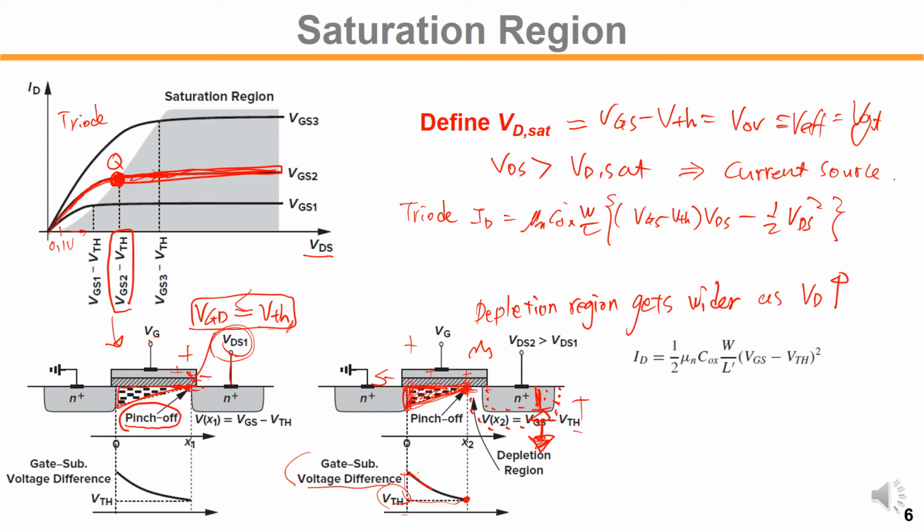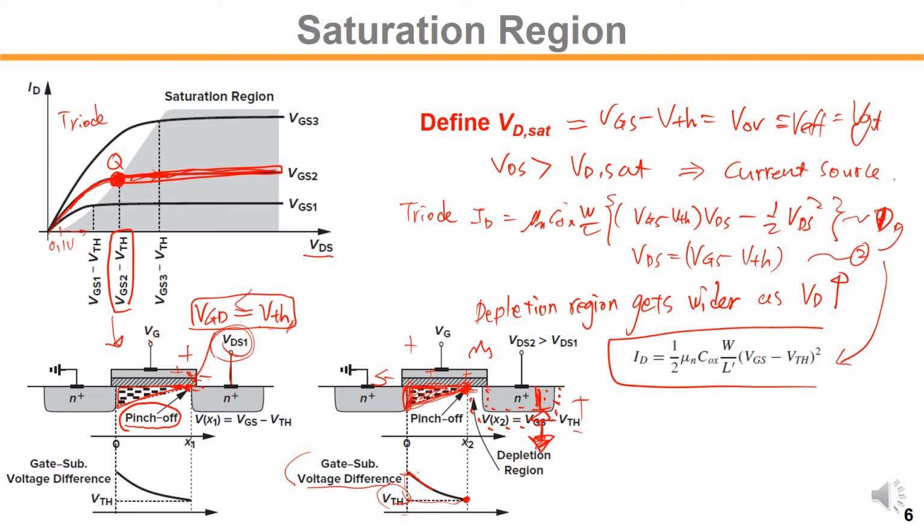At the boundary between triode and saturation region, VDS is equal to VGS minus VTH. If you plug this into the first equation, you end up with the well-known saturation equation.